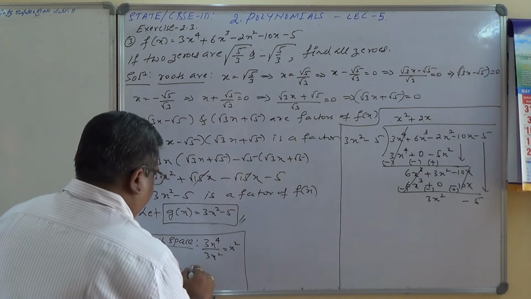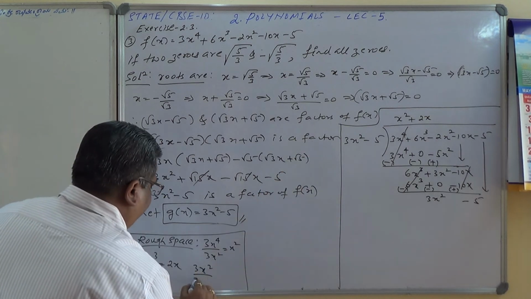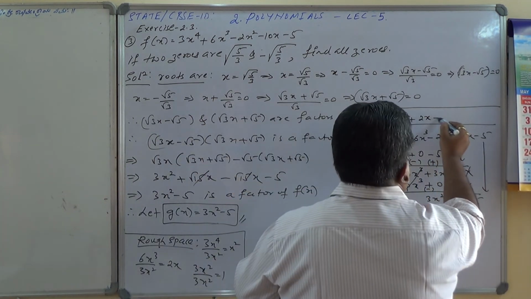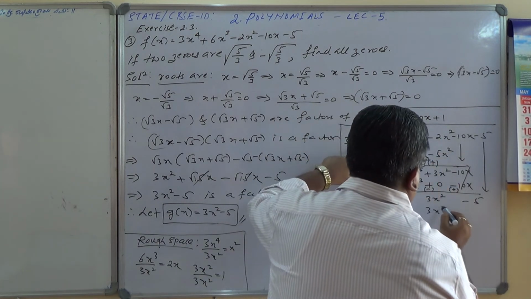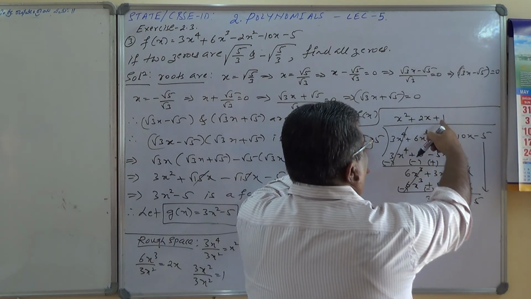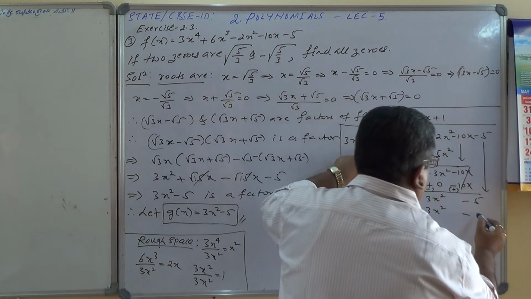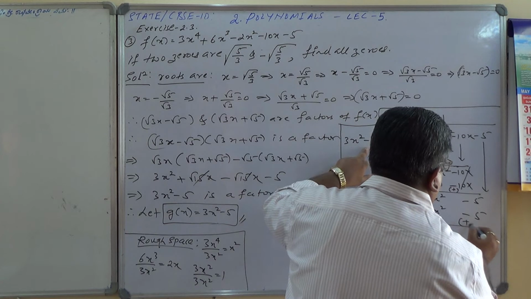Third term of the quotient: 3x square divided by 3x square, which equals 1. So plus 1. So 3x square minus 5, plus 1 into minus 5, that is minus 5. Change the sign, minus here, plus here.